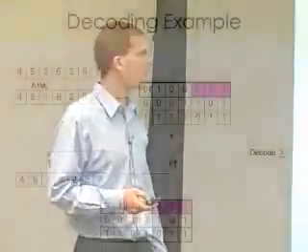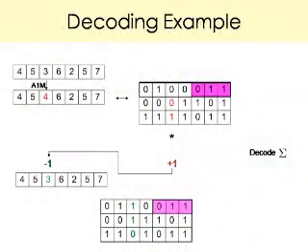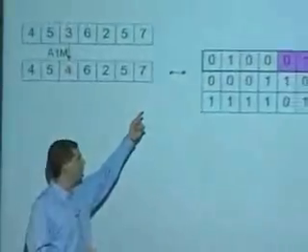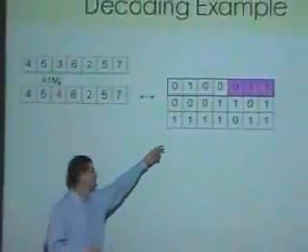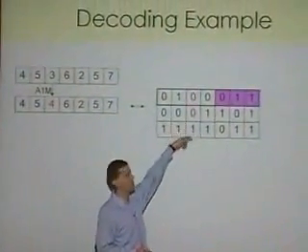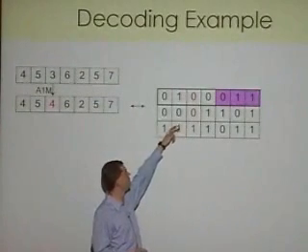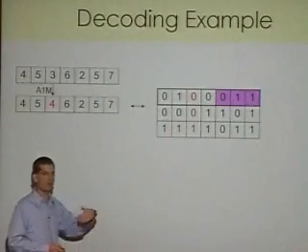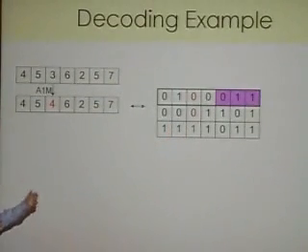Now let's see how decoding works for the same example. An error is introduced here. It takes us from 3 to 4. Now notice that even though the encoding looked at only the top row, this error causes bit errors in all rows. So from 0, 1, 1, we went to 1, 0, 0 because of the error.